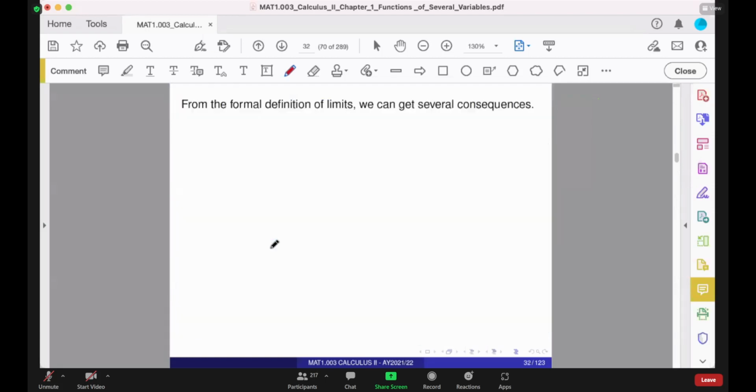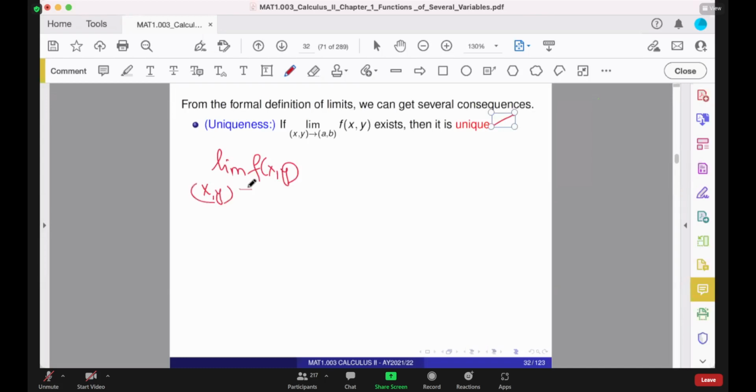Okay, so this is the mathematical definition of the limit. From the formal definition, you can derive a lot of consequences. The first thing: if the limit exists, then it is unique. That is, you cannot have the situation (x,y) tending to (a,b) where one student says L1, the other student says L2, and they are different.